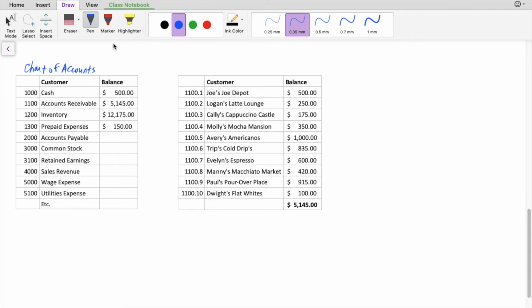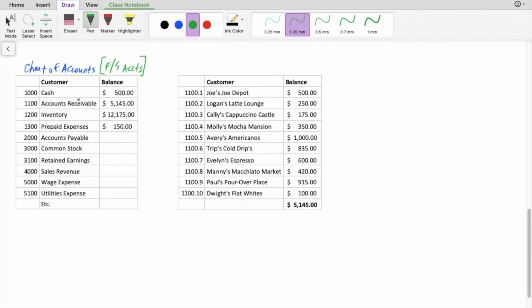Now, a chart of accounts is essentially the financial statement accounts. The chart of accounts includes those financial statement level accounts. It also includes all other accounts. But for the sake of our illustration here, we're talking about financial statement level accounts.